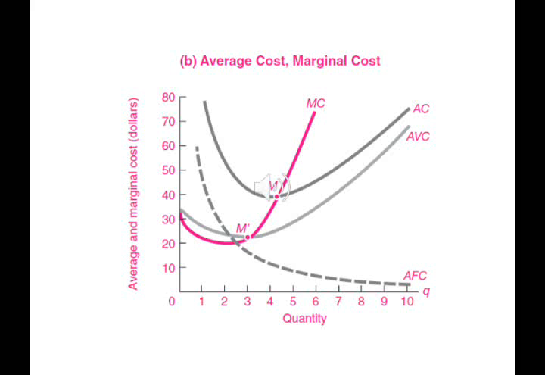In this case, you'll find that the average fixed cost will be bigger than 55, so it will be increasing, again getting very close to the y-axis, but never intersecting or touching it. That's what we mean by a hyperbola, the average fixed cost curve.